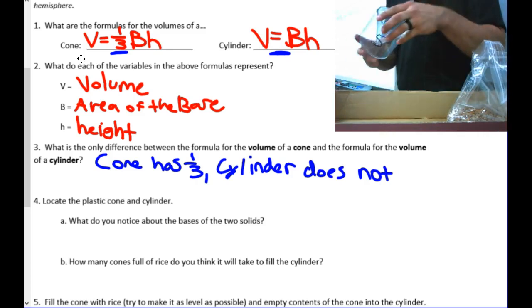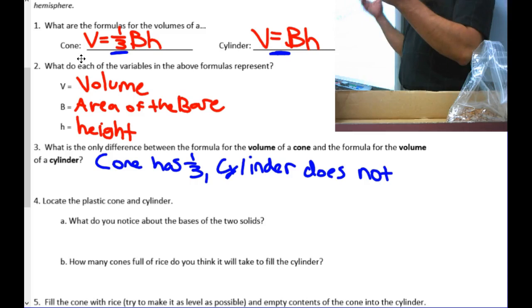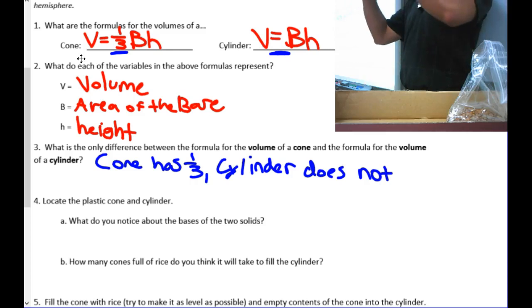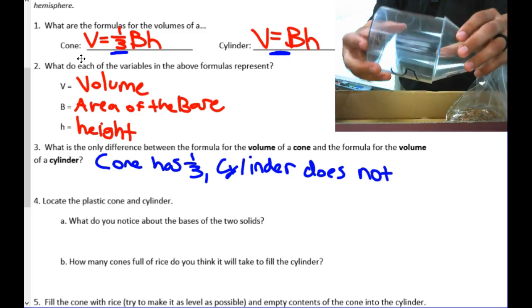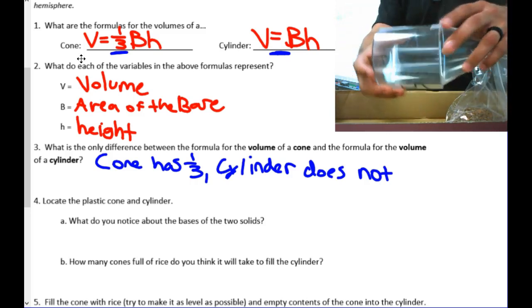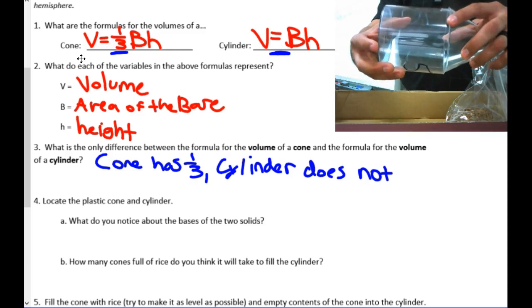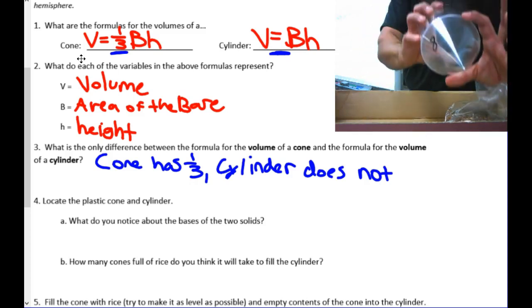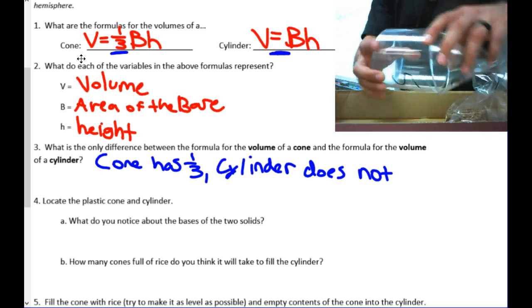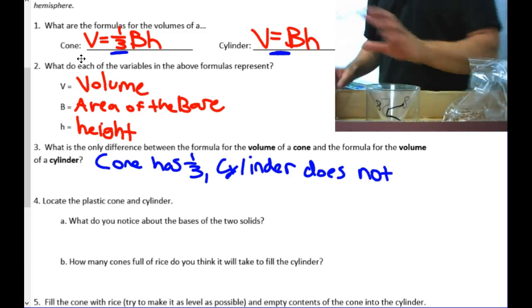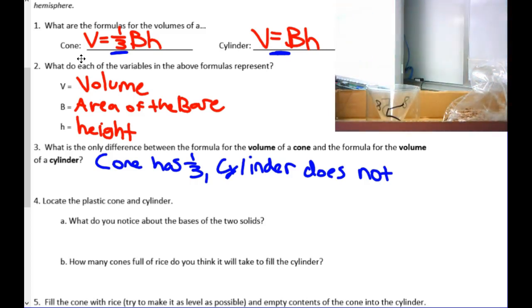Are they the same or are they different? You can see that they are flush, but they don't go past each other. They're exactly the same. So, the answer to 4A is they are the same.